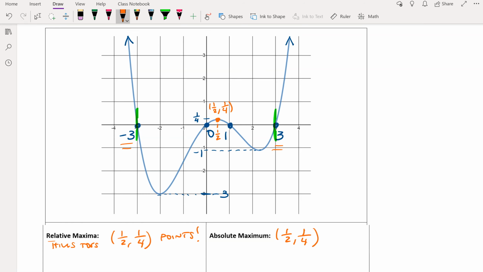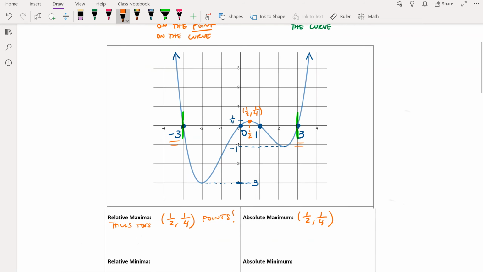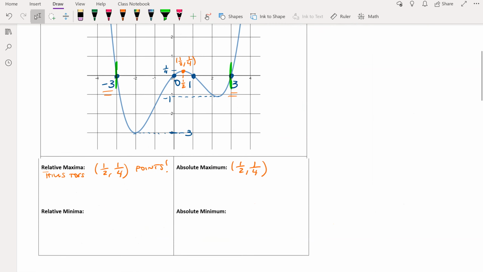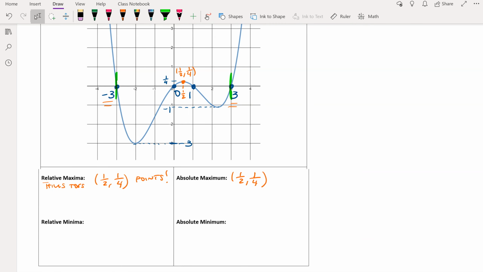Okay, now let's do our relative minimum and absolute minimum. So relative min, again, there can be more than one. And this time we're going to look for the valleys between x equals -3 and 3. We're looking at the valleys, and here is one valley, here is the other valley. So we're going to say this first valley happens at x equals -2, and y is -3.